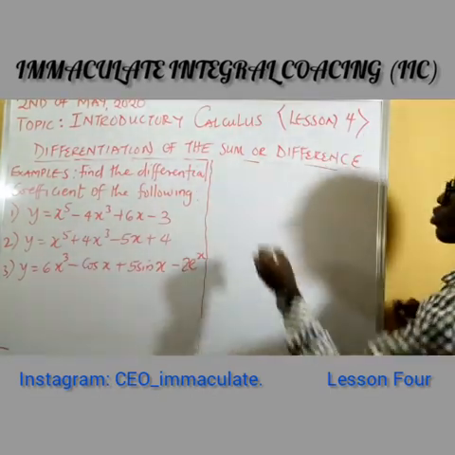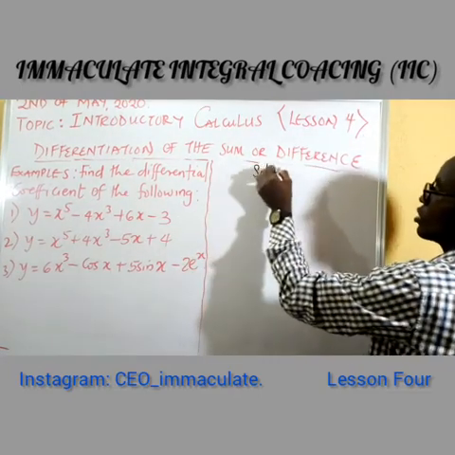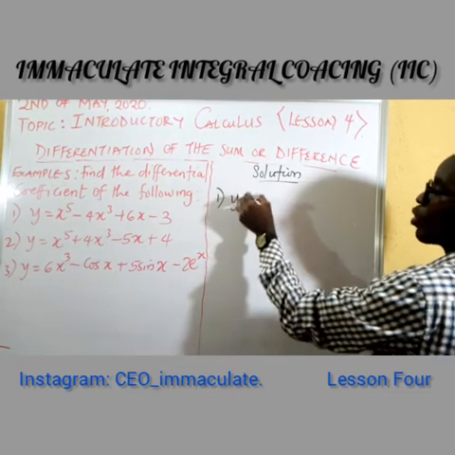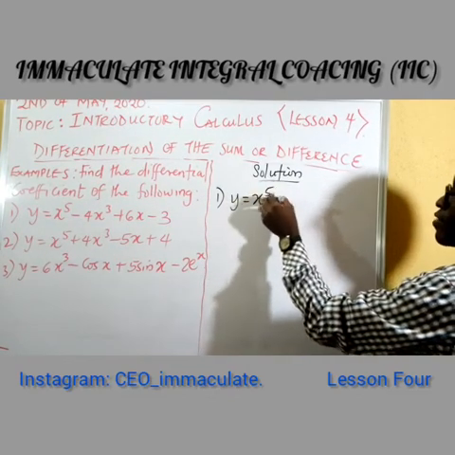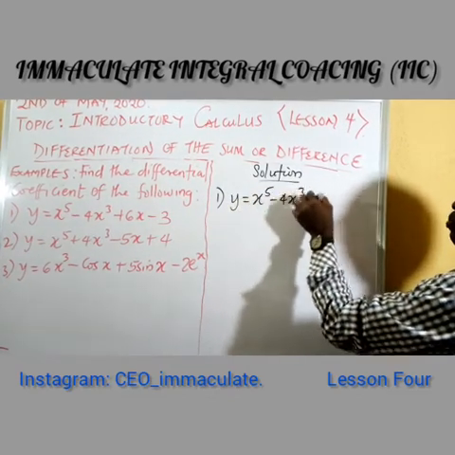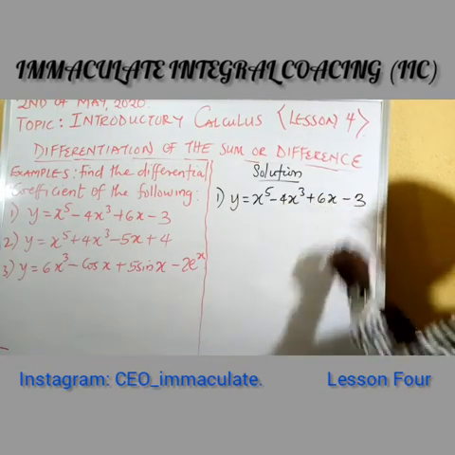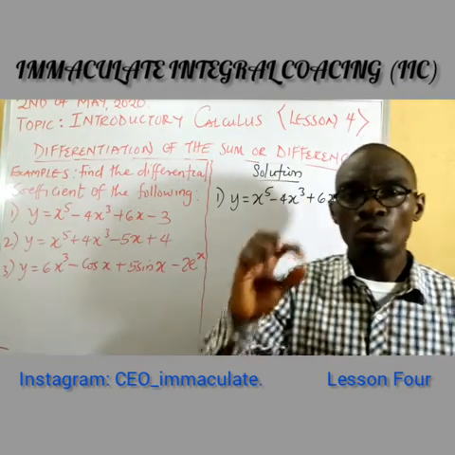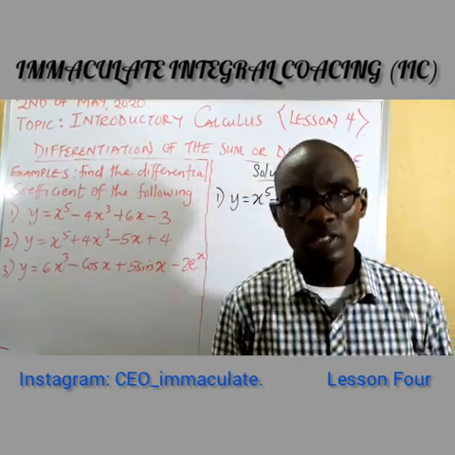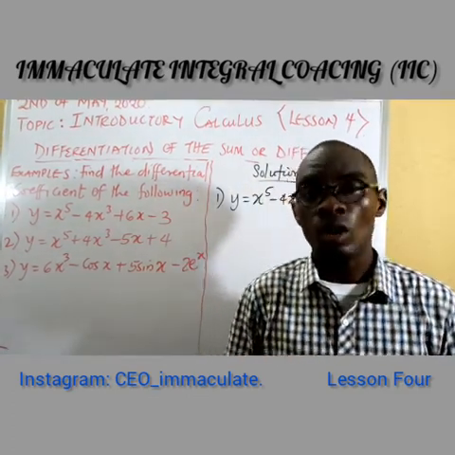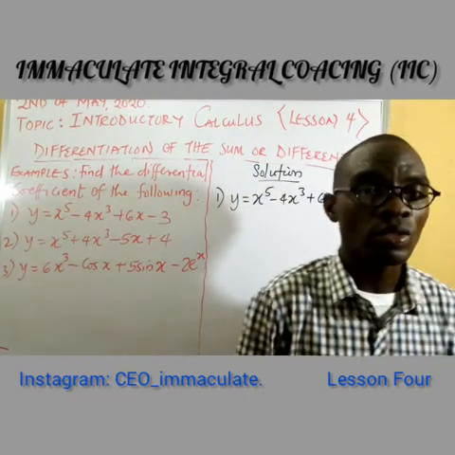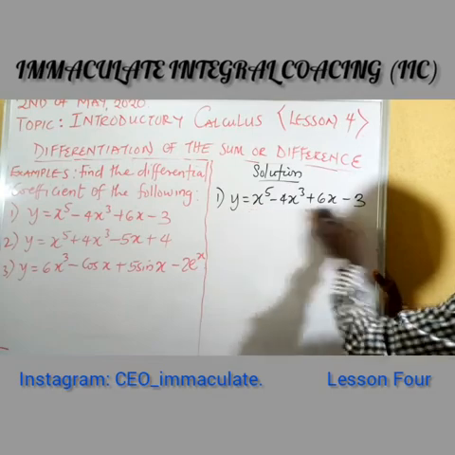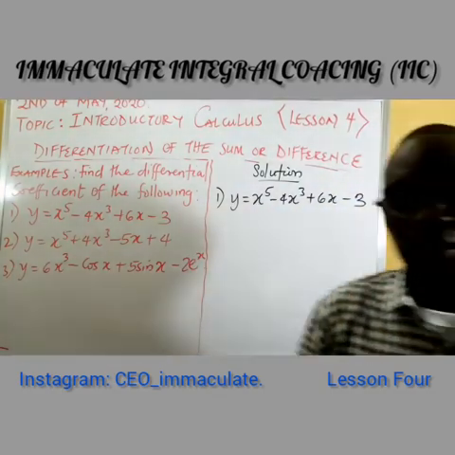Let's look at question 1, solution. Question 1: y equals x to the power 5 minus 4x cubed plus 6x minus 3. We're going to use rule 1 from our previous lesson, lesson 3 of this introductory calculus, where we multiply through by d over dx.